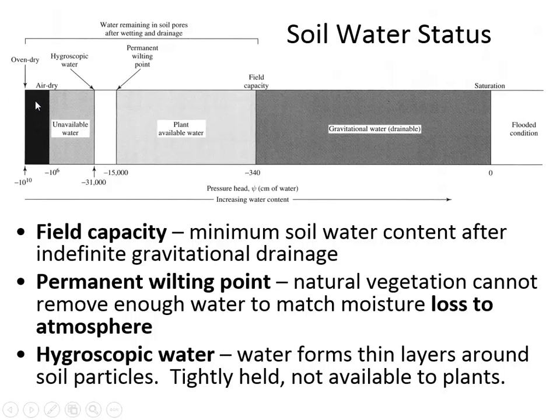That may vary based on what the ambient temperatures are for the environment in question, but it gives you an idea of the different zones that a drying soil goes through, and that the suction pressure or the suction head increases as the drying gets further and further along.